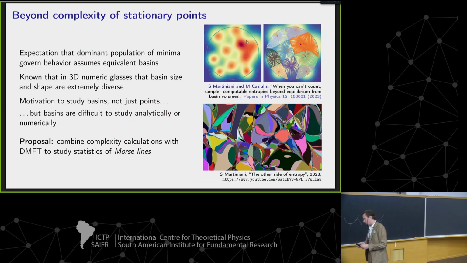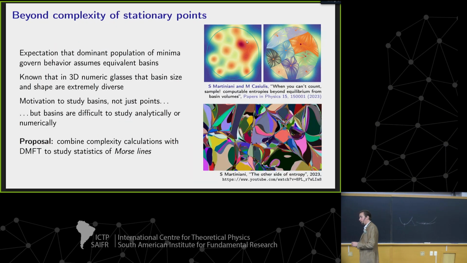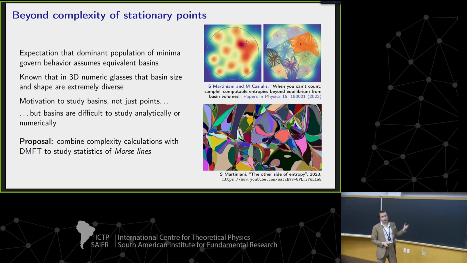Now, the other side of my proposal has to do with studying basins themselves by generalizing complexity. And as I said earlier, the failure of our study of stationary points, right, we can kind of intuitively understand it as related to the fact that stationary points in these high-dimensional problems, they're not connected to basins that have the nice intuitive structure of low-dimensional problems, like this top picture here, where all the basins are basically compact and the same size, roughly.